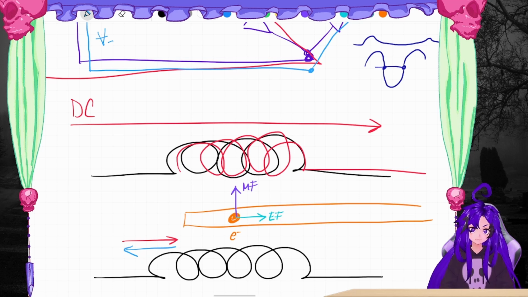So this little guy in here, sometimes he thinks he's going this way and sometimes he thinks he's going that way. So this follows the right hand rule, which means that when he's going this way, his magnetic force is going that way. But when he's going this way, his magnetic force is going that way.